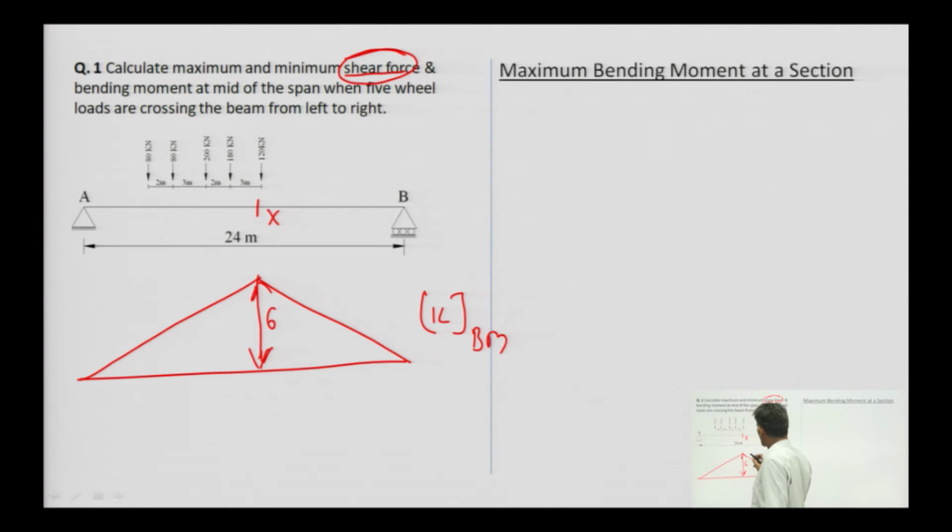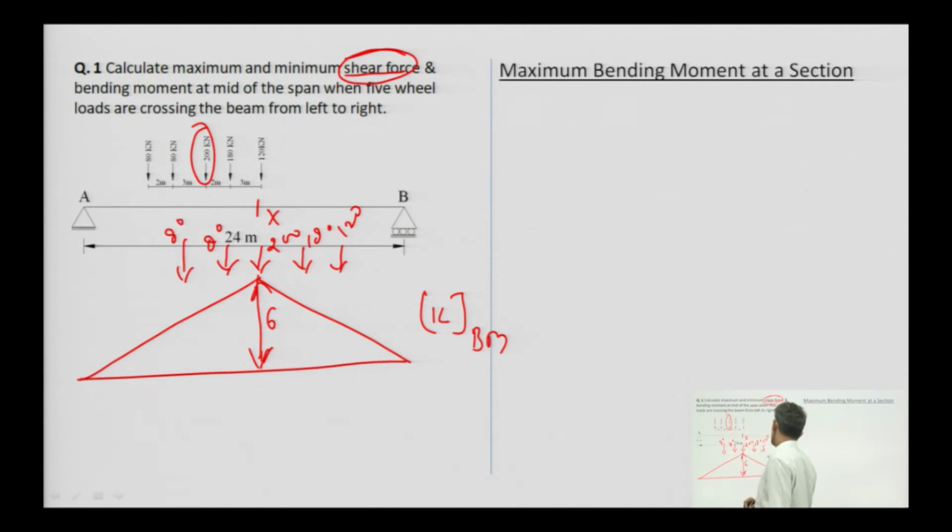So, the 200 kilonewton load should be here. When the 200 kilonewton load is here, then 180, then 120 should be here, and 80 is here, and 80 is here. So, this will be the position of the load.